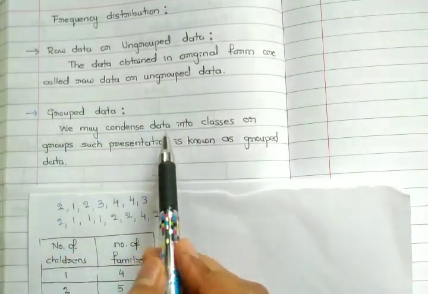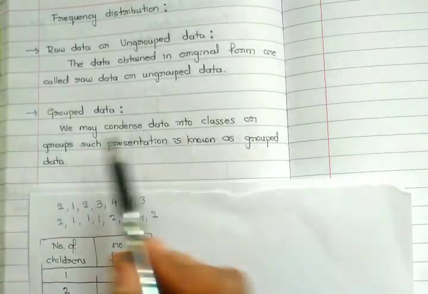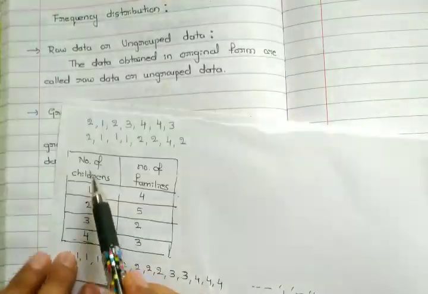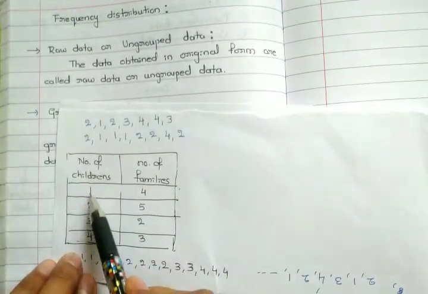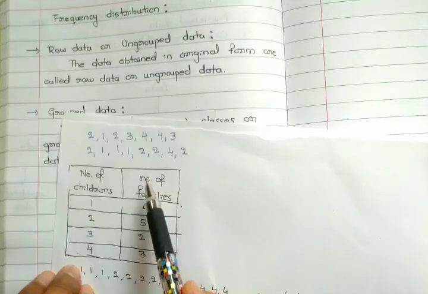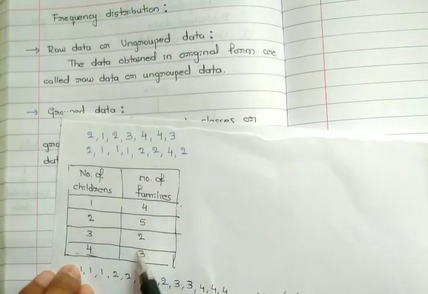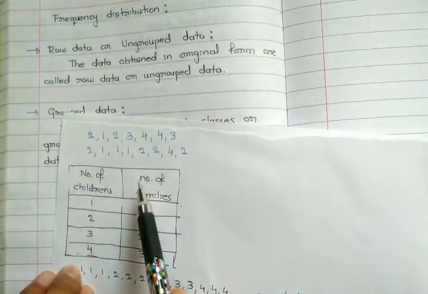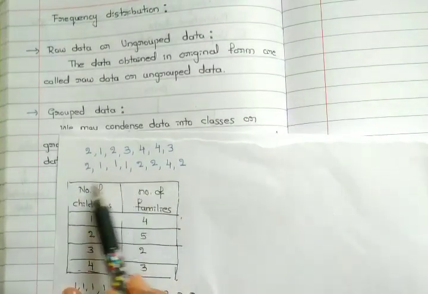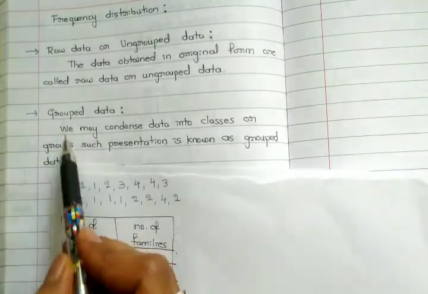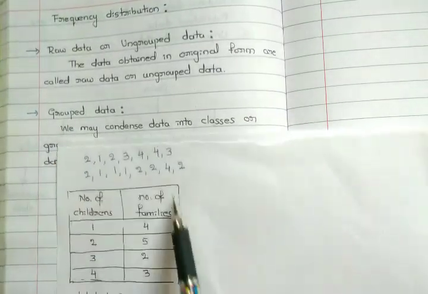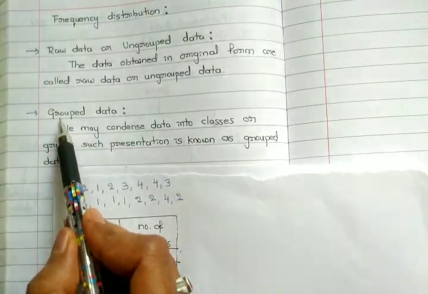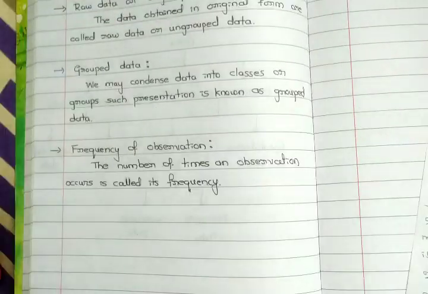We may condense the data into classes or groups. I made two groups here: one is number of children, the first column, and the other is number of families, the second column. So such data is called grouped data.